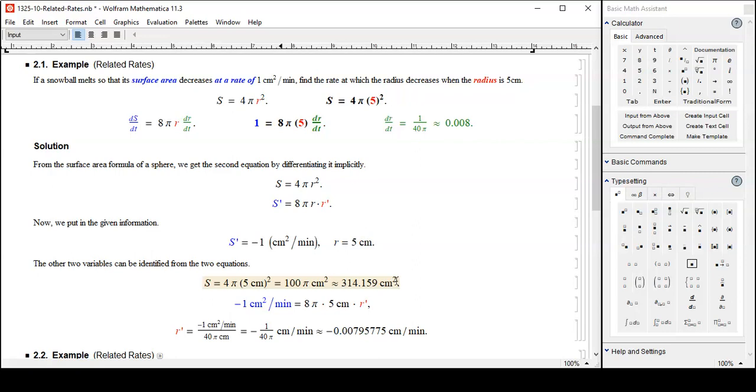Just plug in R equals 5 into this equation and run your computation: about 315 square centimeters. And then as for dr/dt or R prime, 1 over 40 pi, negative 0.008, or decreasing at 0.008 centimeters per minute.